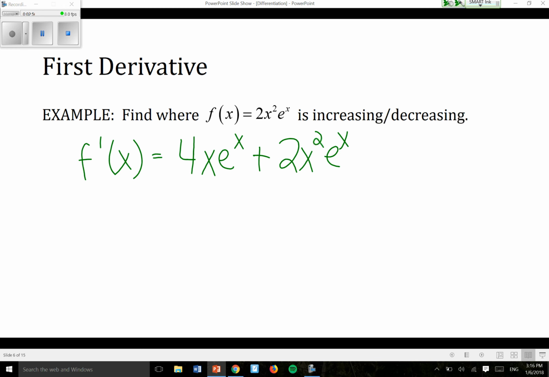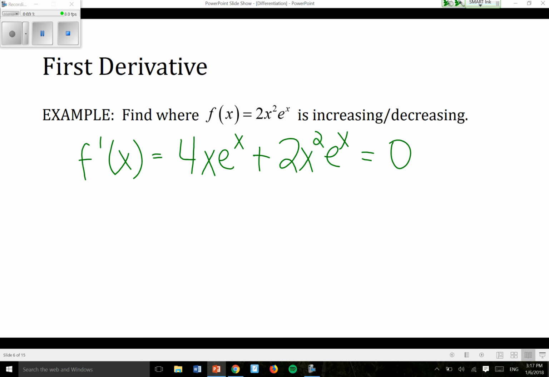And I want to figure out where this derivative equals 0 or is undefined. Thankfully, I don't have any denominators, any square roots, or any natural logs in this function, so it's going to be defined for all real numbers. I'm going to set it equal to 0. And the easiest way to solve this equation is to factor.